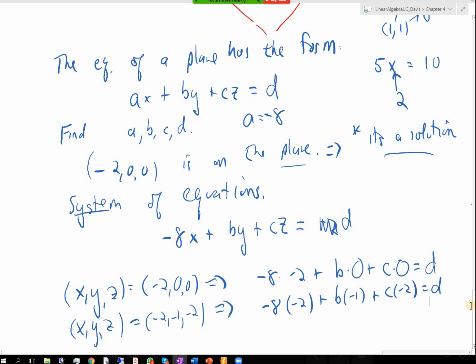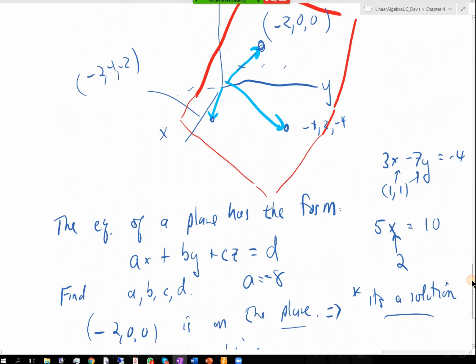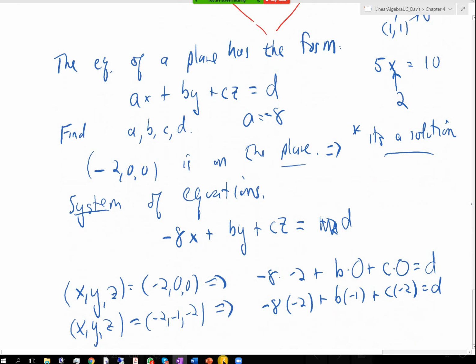And then my last one was minus 1, 2, minus 4. So that's going to be negative 8 times minus 1 plus b times 2 plus c times minus 4 is equal to d.